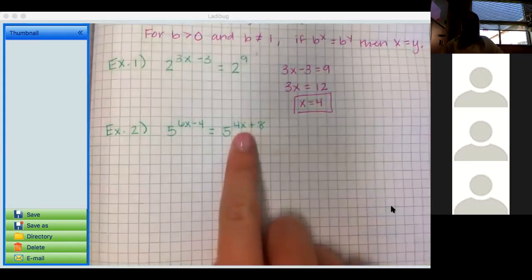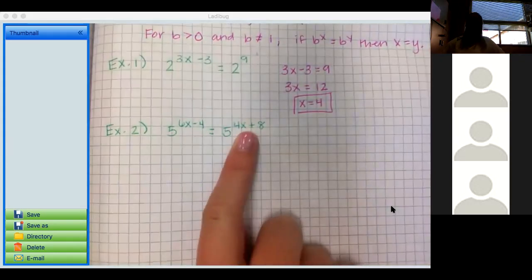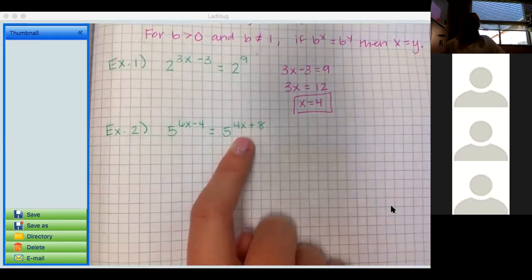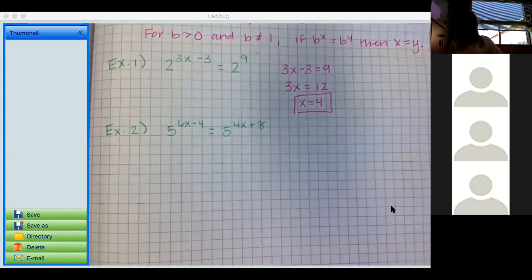That's 4x plus 8 if you're having trouble seeing it. All right, my bases are the same, which means I can do what? Set what equal? The exponents.